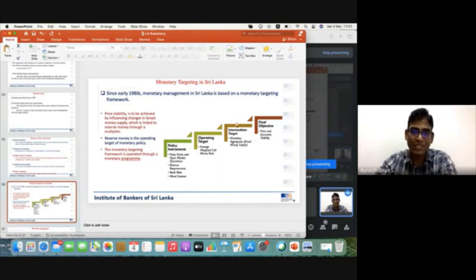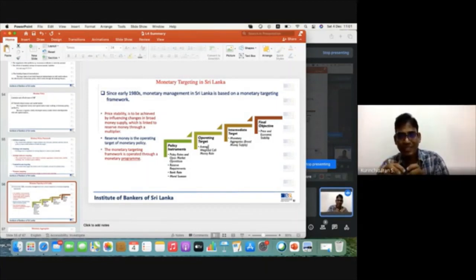To achieve this intermediary target, the central bank will have an operating target. That is the interest rate, the average weighted call money rate. That means what should be the rate to achieve this broad money supply? What should be the rate at the money market, where the banks borrow and lend?